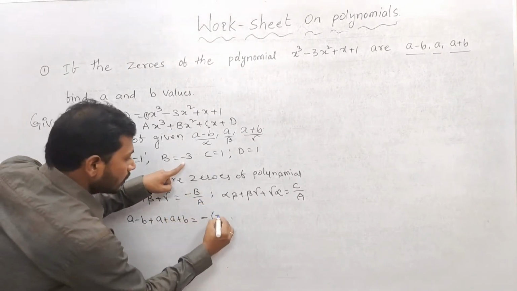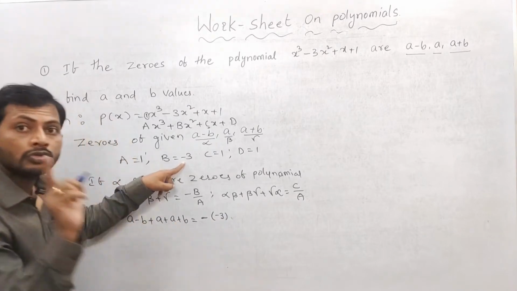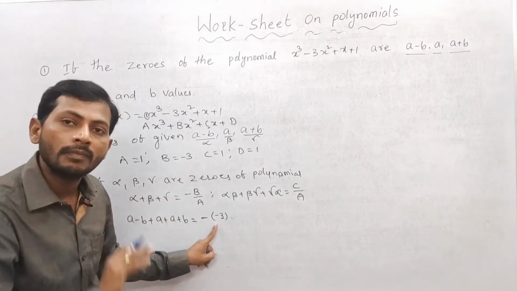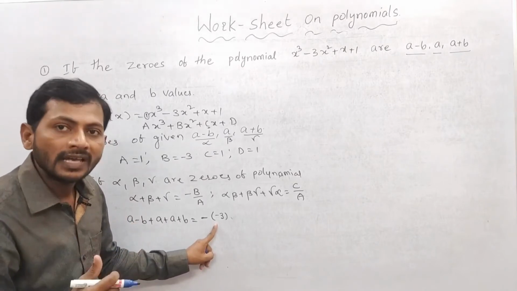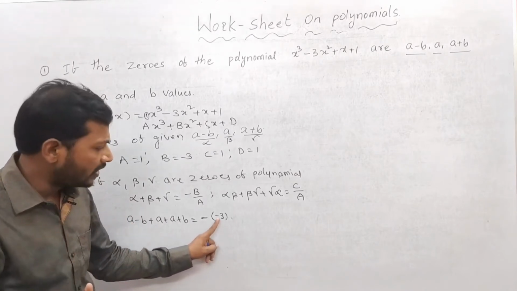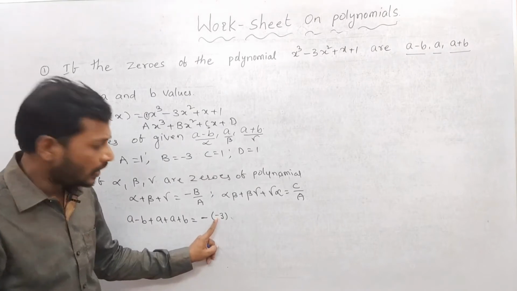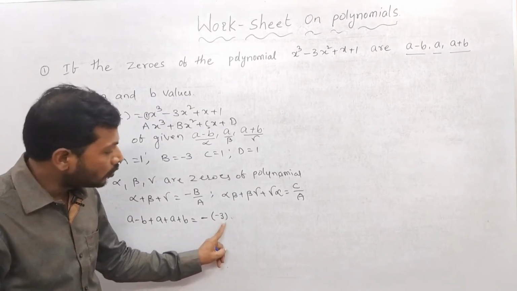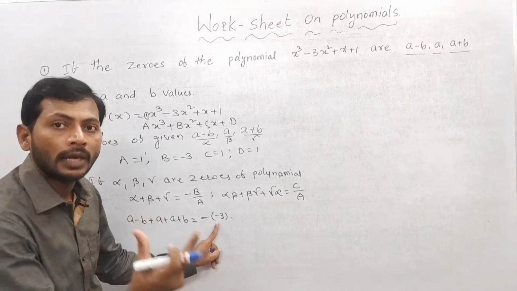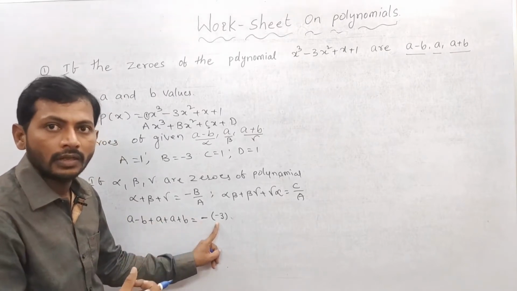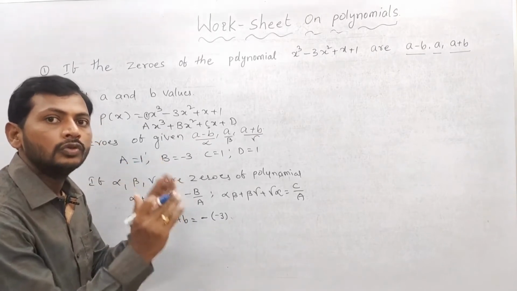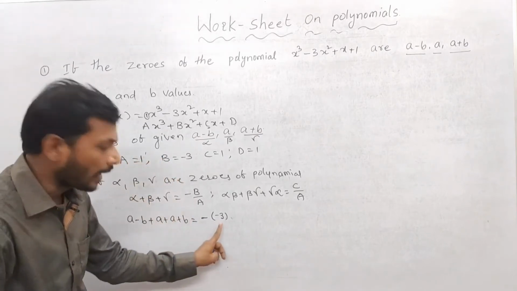Minus 3, sir. Whenever you substitute a value, you have to put the bracket, either positive or negative. Why, sir? If it is positive, there is no effect. If it is minus, sometimes you will get confusion. Otherwise, sometimes it has two terms, and that's why you will get confusion. When you substitute a value, you have to put a bracket.